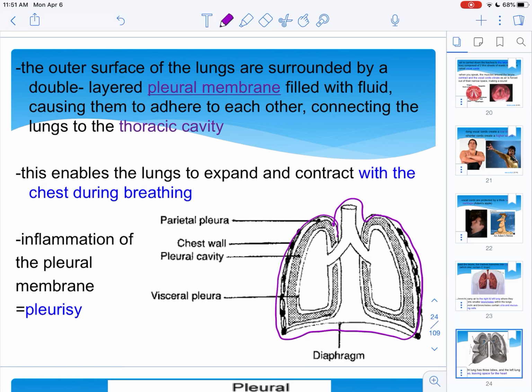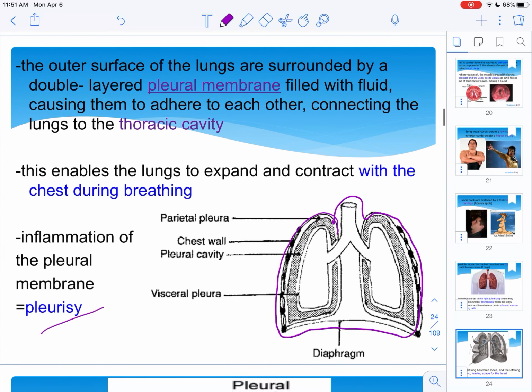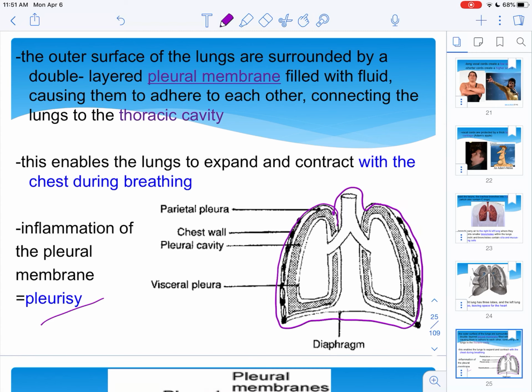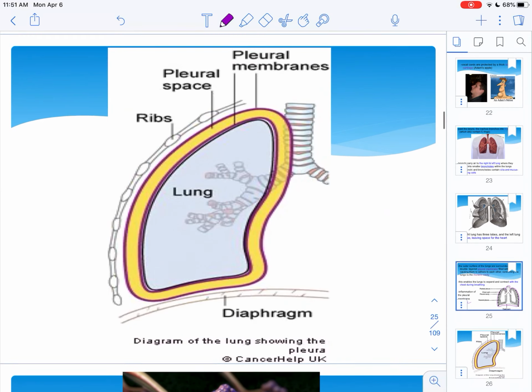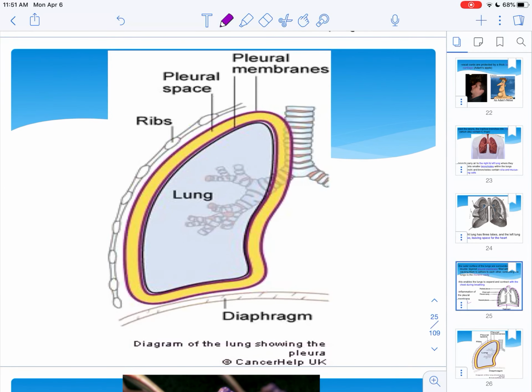Because they're filled with fluid, they prevent any friction from happening every time you breathe in and out. However, if you have pleurisy and inflamed pleural membranes, that would cause pain, as they would be rubbing against each other as you're breathing. But those membranes help to resist that friction. You can see them here, and the fluid would be the yellow area.